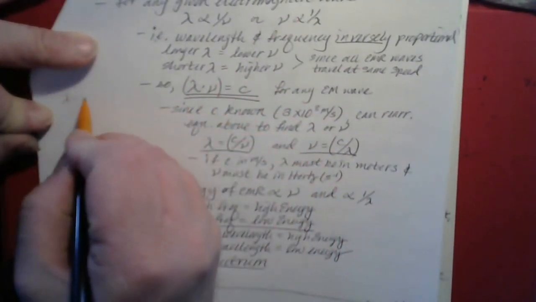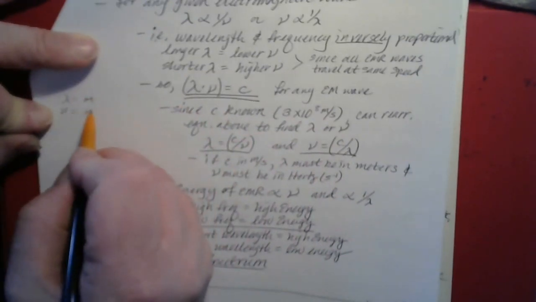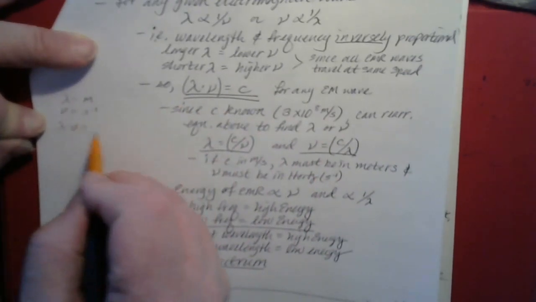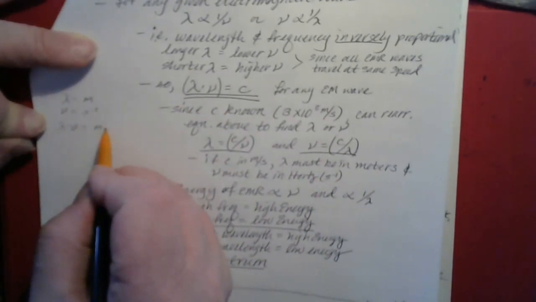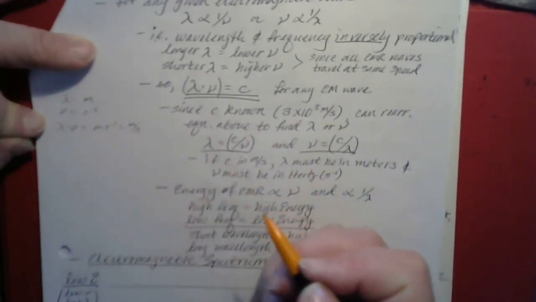That's because if you look at the units, wavelength would have units of meters, and frequency has units of seconds to the -1. So wavelength times frequency in terms of units would be meters times seconds to the -1, or in other words, meters per second.